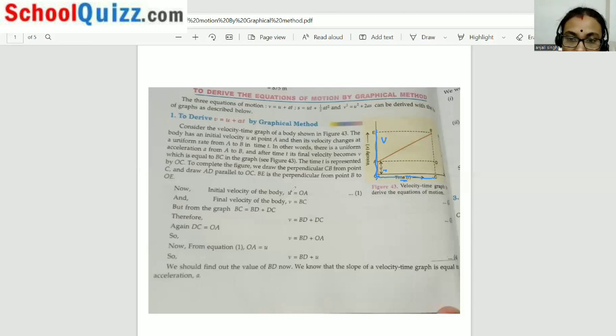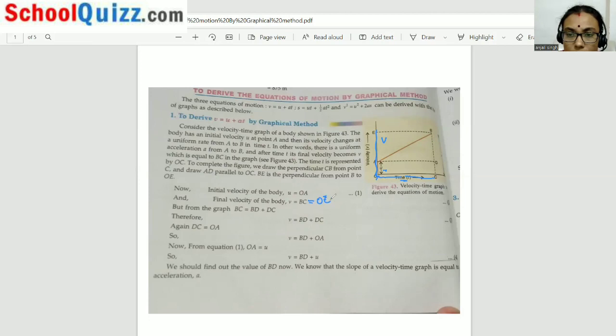Now the initial velocity of the body is U, that will be OA. And the final velocity of the body, that will be V. That is represented by, as I told you, either you can represent it by BC or CB, or from O to E, you can say it as OE also.